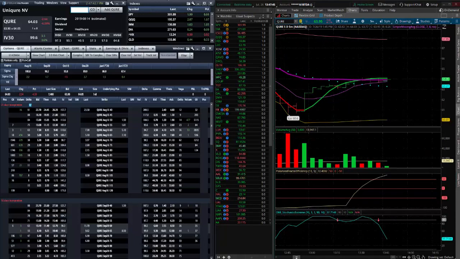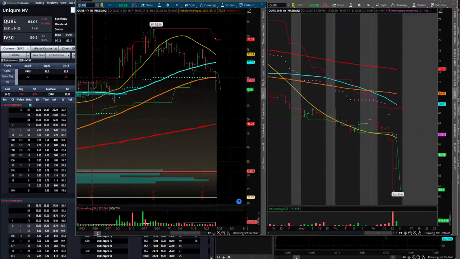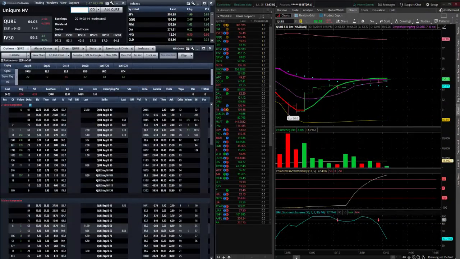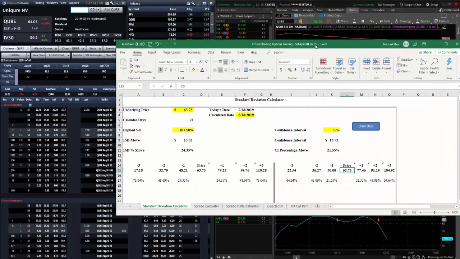But if you were looking to the downside, you would be looking to target something in the neighborhood we're trading at about $50. That's a 59% confidence interval, and the full standard deviation is a little more aggressive, targeting the 48.